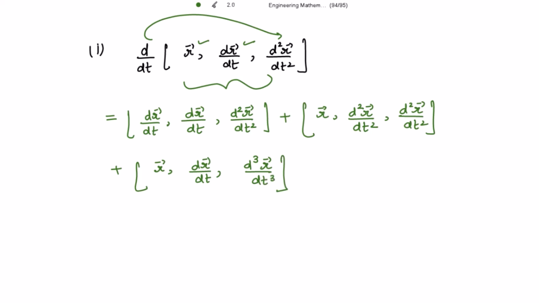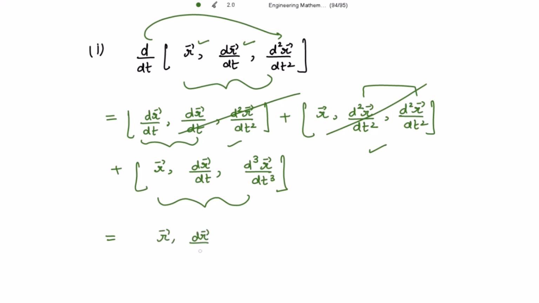Now since a scalar triple product having two equal vectors vanishes, we have two equal vectors over here, we have two equal vectors over here, so these two vanish, and there is no equal vector in this. So the answer is r vector, dr by dt and the third derivative of the r vector with respect to t. So this is the answer for the first part.